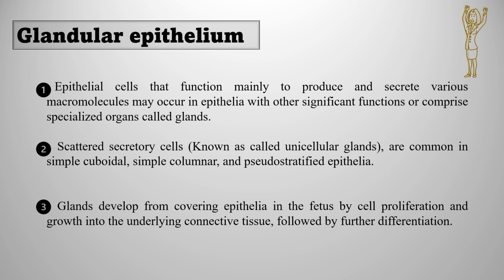Differentiation means that there is a stem cell that has no specific function, and these stem cells, by time, at the fetal level, are going to change themselves and perform a specific function. This is called differentiation. So differentiation is a development process from a stem cell into a specified functional cell.